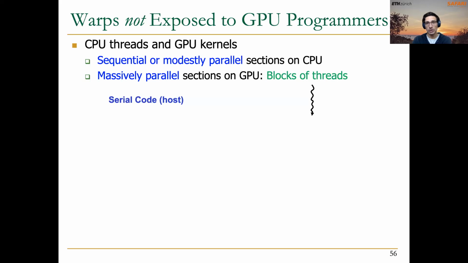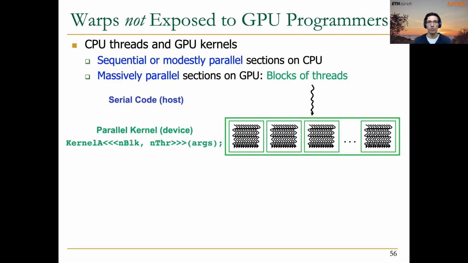We will have some serial code or modestly parallel code running on the CPU. Then at some point, we will reach a parallel section where we can operate on multiple data elements at the same time. What we will do here is launch the GPU function, the function that runs on the GPU, which is called a parallel kernel or simply a kernel.